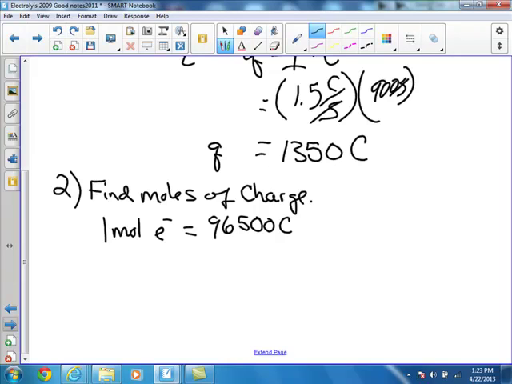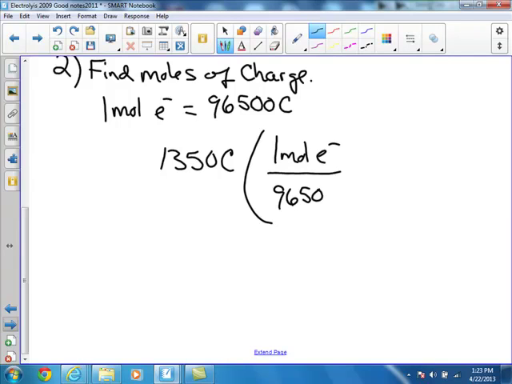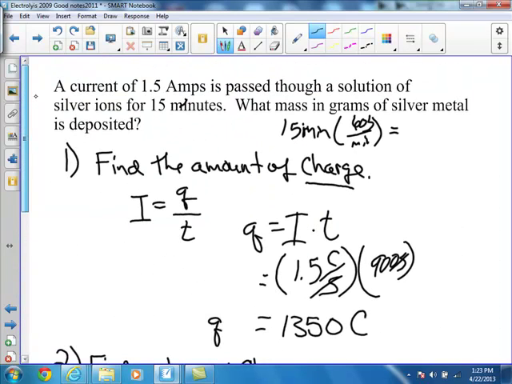It's basically just a conversion: divide it. It's 0.014, and the unit is moles of electrons.